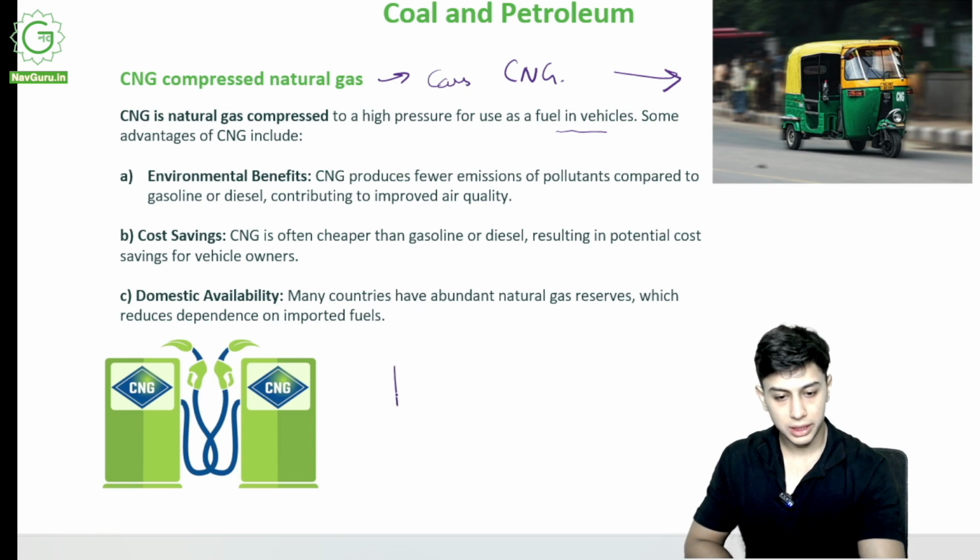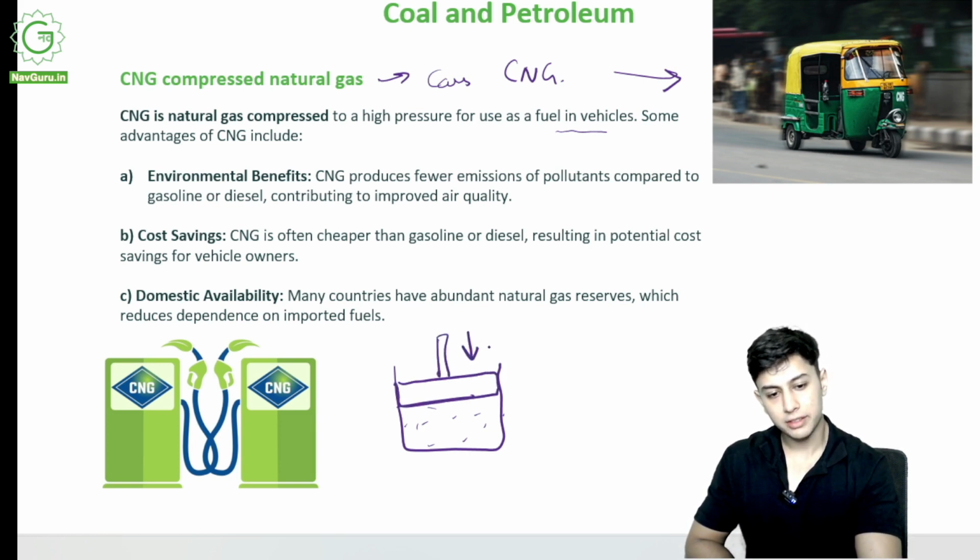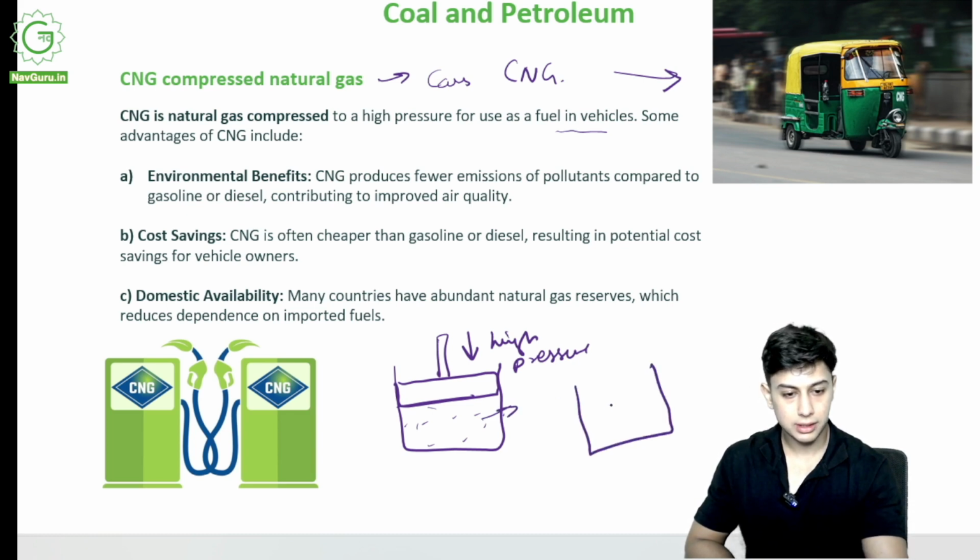Supposedly, consider this container and I have a lot of gas inside it. I take a pressing machine. This is the handle, and I press it very hard, with high pressure. It will now compress like this. So this will be only what is left.